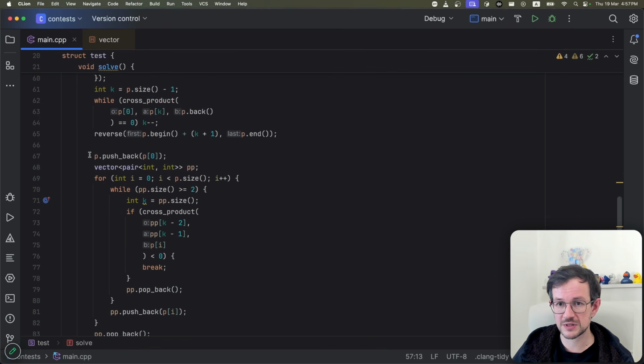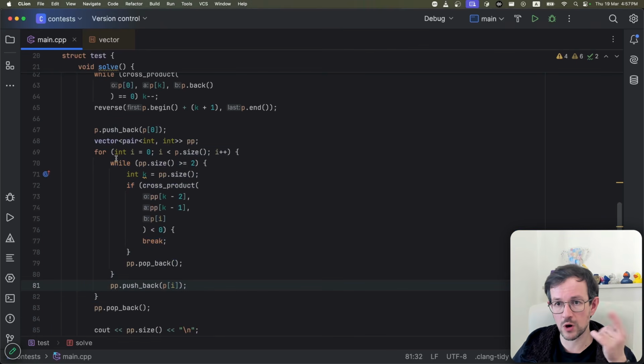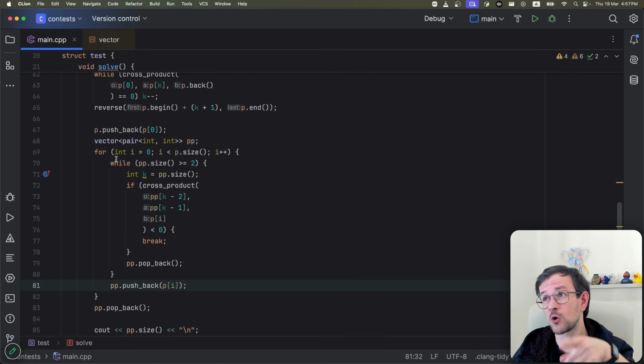And now I do this stack trick. When I walk along this, basically you build a non-convex, some non-intersecting broken line, and you walk along this line and remove everything which has the wrong angle.